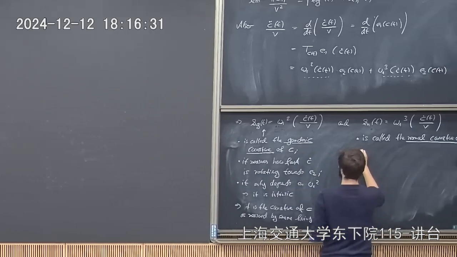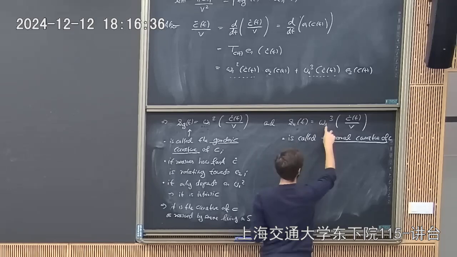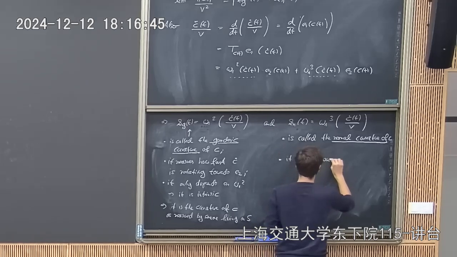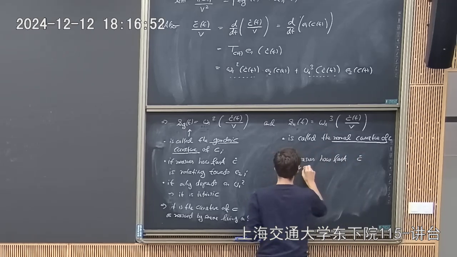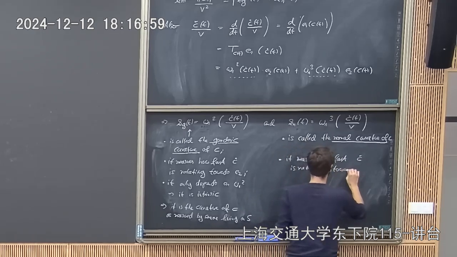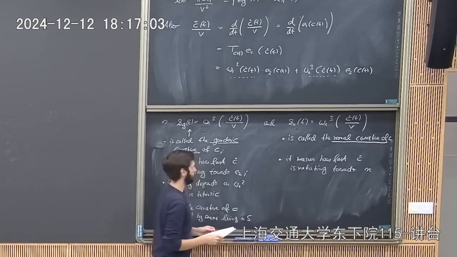And by just looking at that formula with the interpretation that we had for the connection form, it measures how fast C dot, the tangent vector, is rotating towards the third vector, which is the normal.